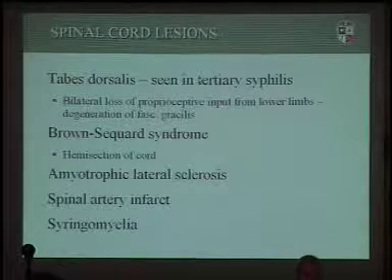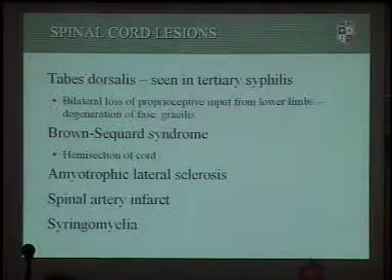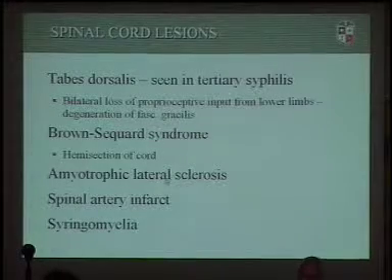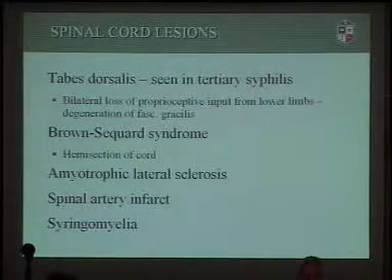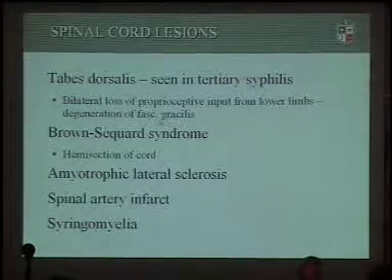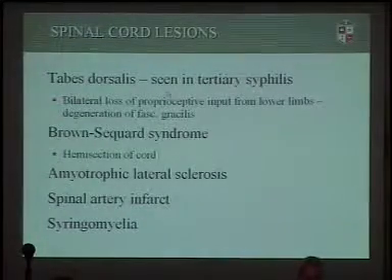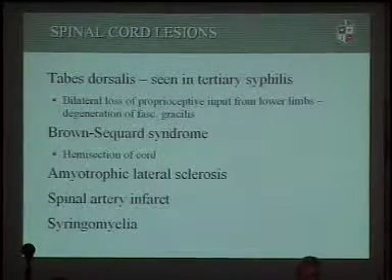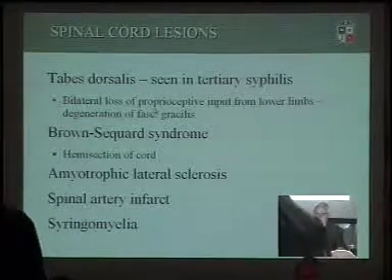Okay, there are a number of other things associated with damage to the spinal cord. Here, Tabes dorsalis. We're starting, at least in the United States, to see this again because of the increase in syphilis associated with some other environmental situations.